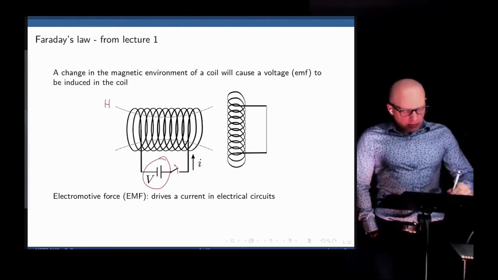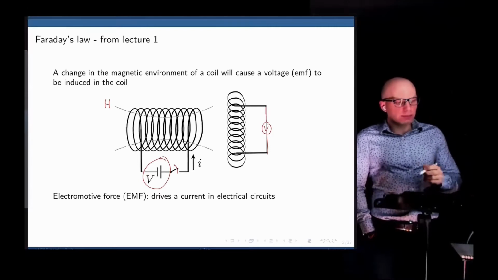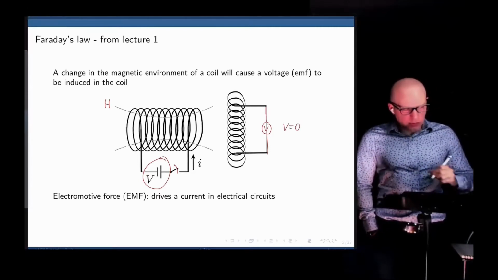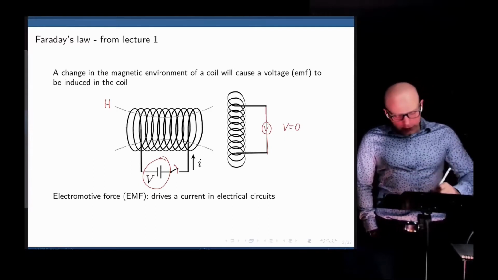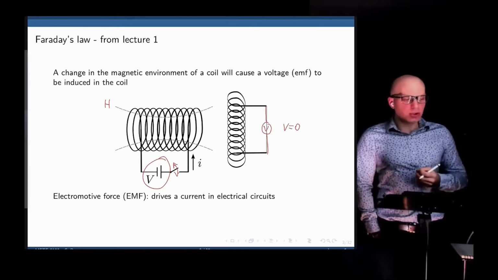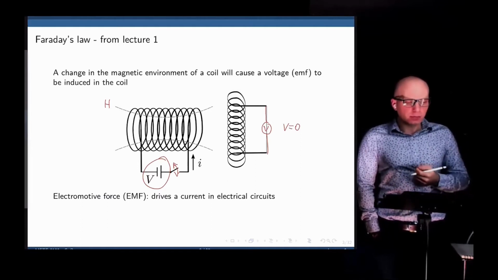In Faraday's experiment, he connected this second coil with a multimeter. And the second coil, when exposed to the first constant magnetic field, had a voltage of 0 volts at the output here. However, Faraday noticed that as he was opening or closing the switch, that voltage would change. An induced voltage would be measured there anytime the switch opened or closed.